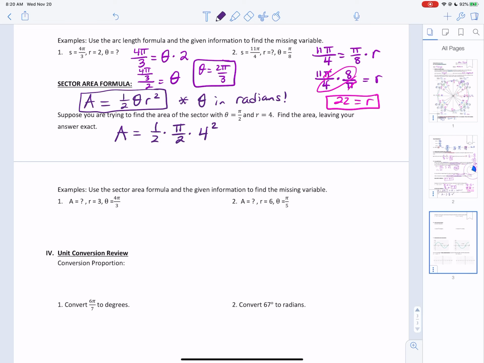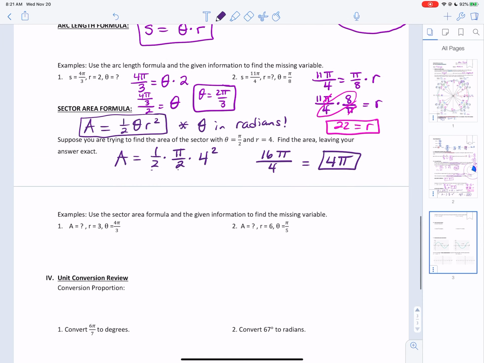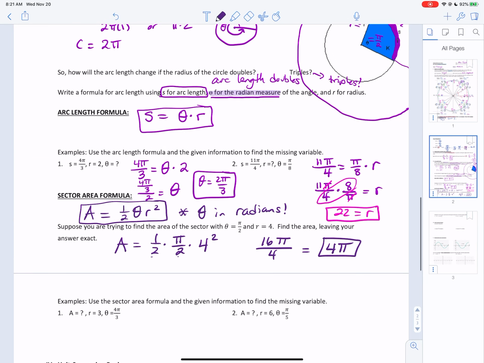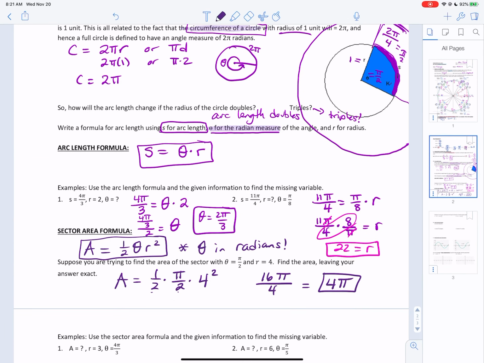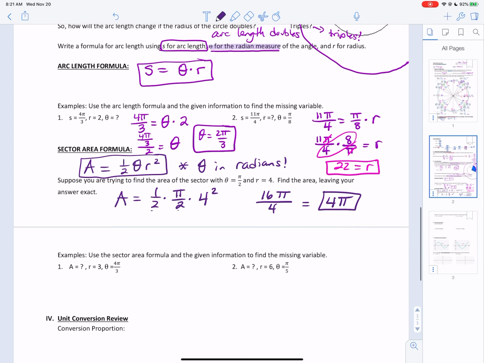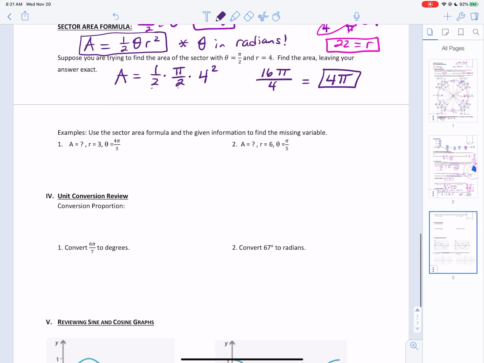So that would end up being 16 for the 4 squared, and then pi, and then the 2 times 2 at the bottom gives you 4, so you get 4 pi for the area of your sector. And I just realized some of you might be saying, Ms. Fisher, what's a sector? A sector is like this blue shaded region up here. It looks like a piece of pie. That would be a really large piece of pie, but you're basically finding the area of a piece of pie.